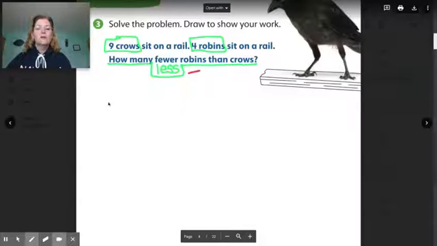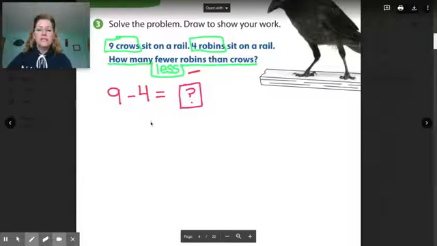So we need to write our number sentence. 9 crows minus 4 robins equals, and this is our mystery number. Now, some of you are going to have the answer in your head. I need to see your work. I need you to be able to prove to me that I can see your brains on paper, because I can't even see your face right now.